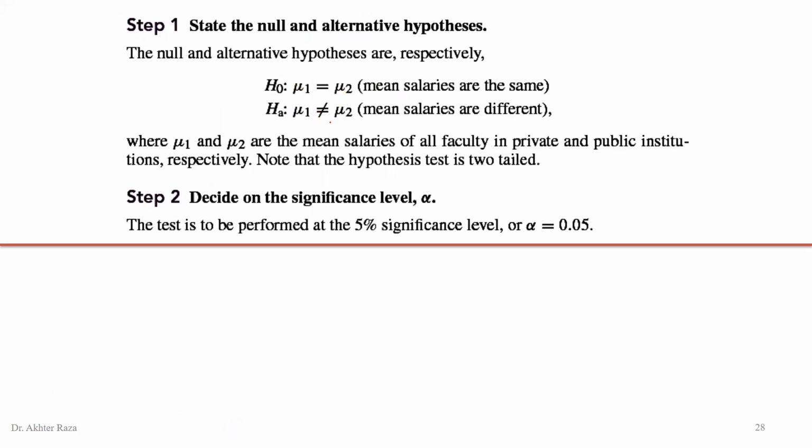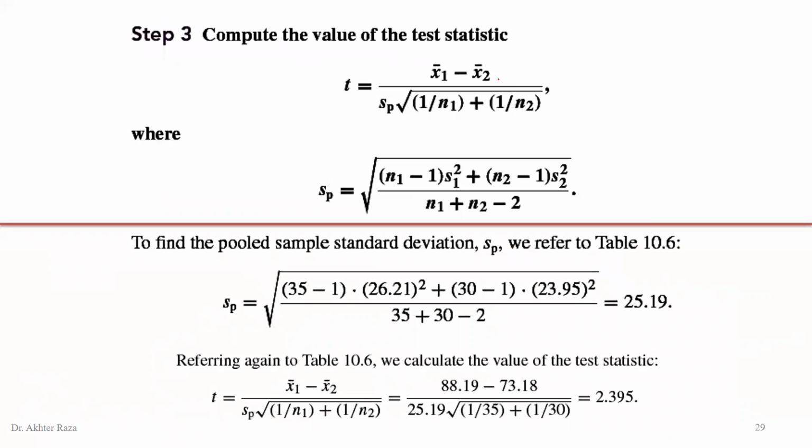The alternative is that, on the average, they do not have the same salary. Alpha is already given to you in the problem. T statistic: you can check, this is the reduced formula because it is 0. The actual formula is this, but it is 0 because mean 1 is equal to mean 2.